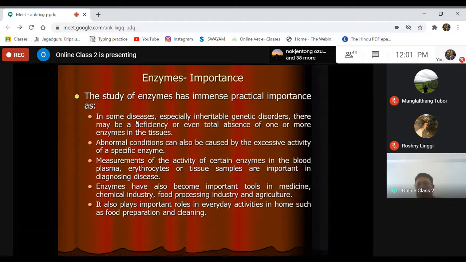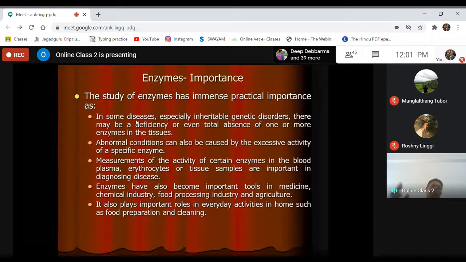So if we suspect that somebody is having a heart attack, we can check the level of these enzymes in the blood. From there we can get some clue. Or say there may be a disease condition in the liver. In liver diseases, many enzymes are elevated, like alkaline phosphatase, it may be LDH, it may be SGPT.